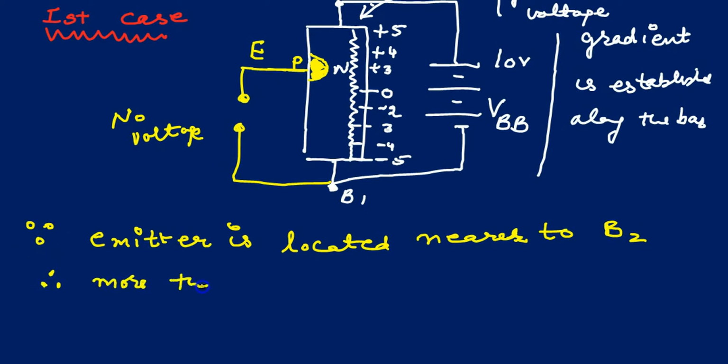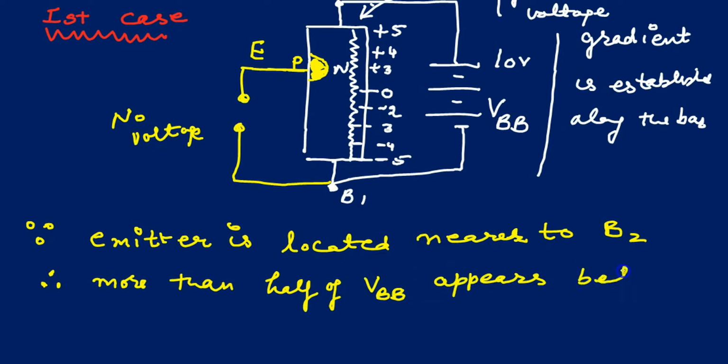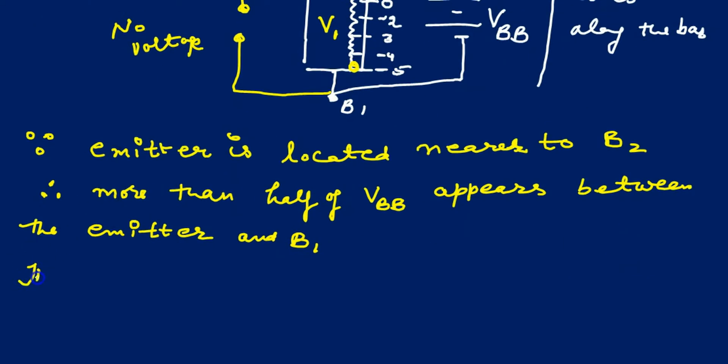Now there are some important points. The emitter is located near to B2, and then more than half of the VBB appears between the emitter and base B1 because this is the longer resistor.